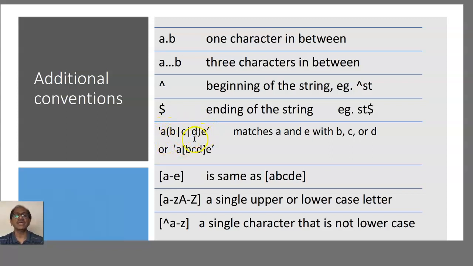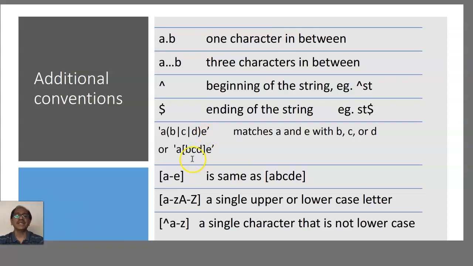In fact, this can also be written in this way. That is, you use square brackets. If you use square brackets, you don't need to use pipes. You don't need to use the disjunction pipes. So A, square brackets, B, C, D, close the square bracket, and E. This will also give us the same result as A, in parentheses, B, pipe, C, pipe, D, close the parenthesis, and then E.